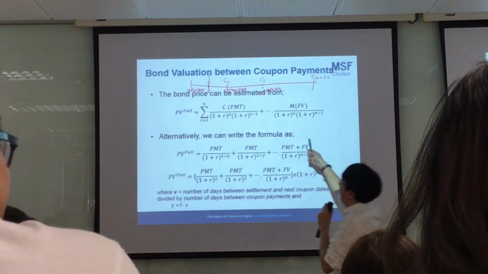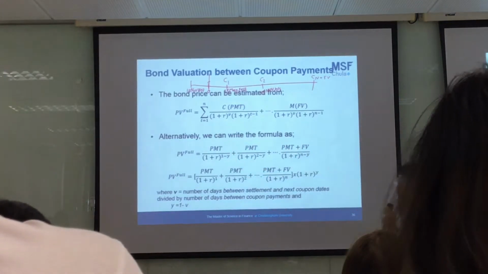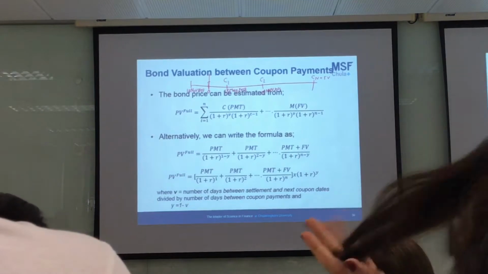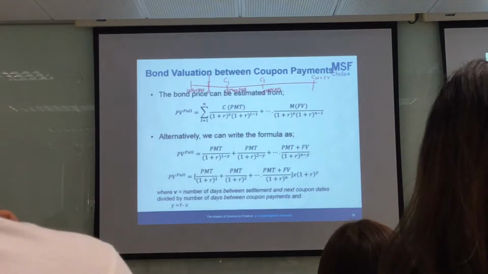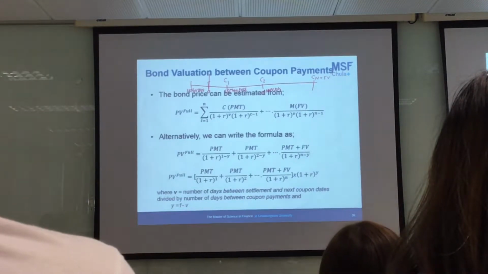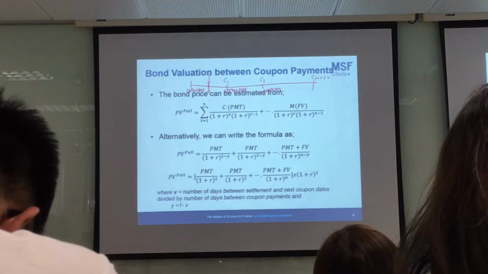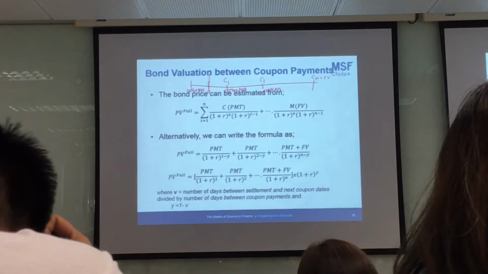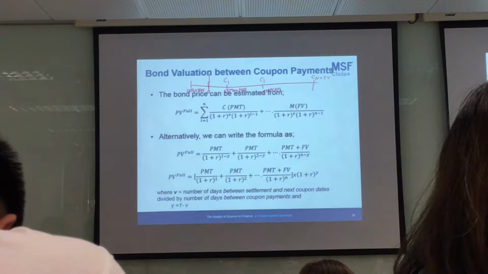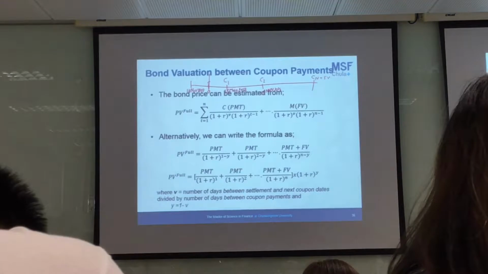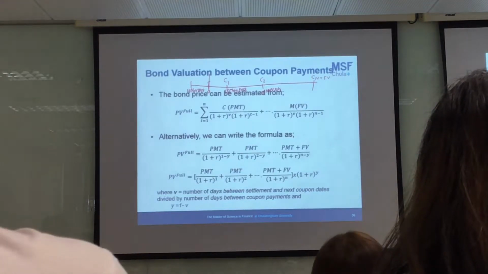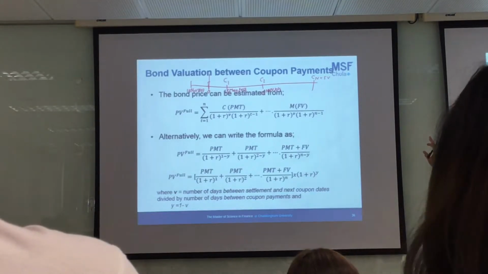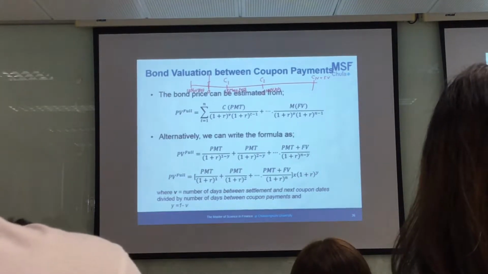If you look at this equation, the full price of the bond is the summation of the present value of the coupons. C or PMT is just the same, because we use two books. One text uses C as the coupon, and the CFA textbook uses PMT as the coupon. Fabozzi uses the coupon C. The last term, M or F, is the same: not a multiplication between M and FV, it's just one variable.